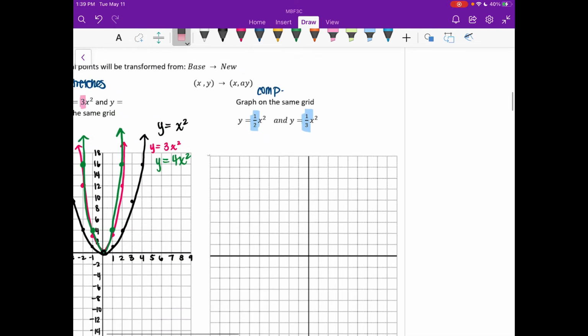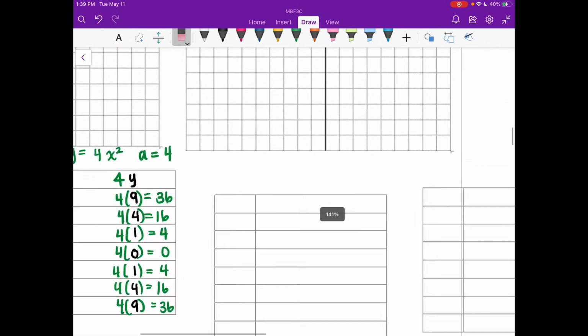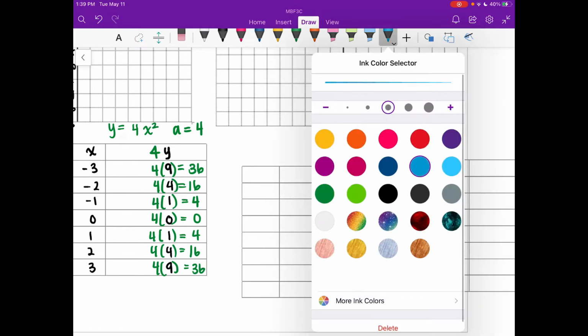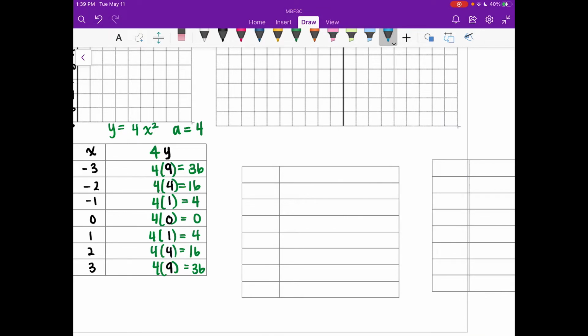First things first, let's start off with the y equals x squared. So I'm just going to change this pen to be blue. So let's do y equals 1 over 2 x squared. So a here is going to be 1 over 2. It's just the number in front of the x squared.